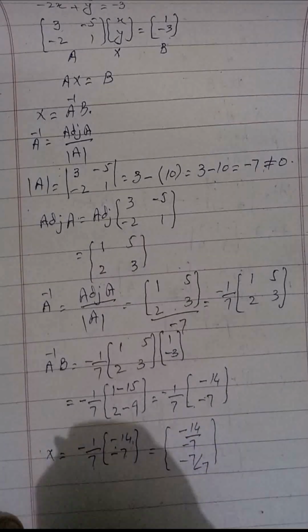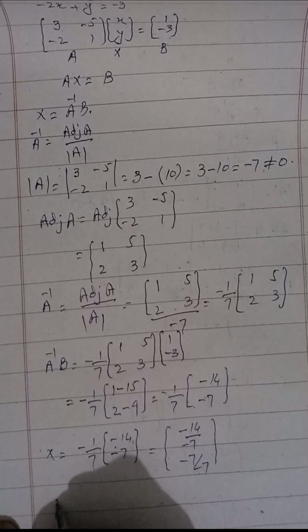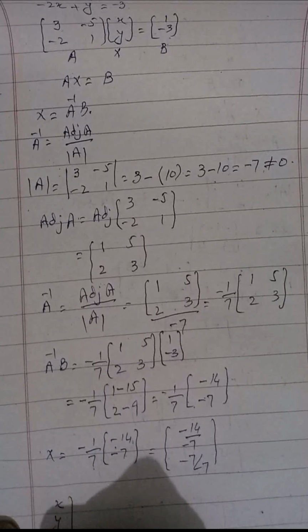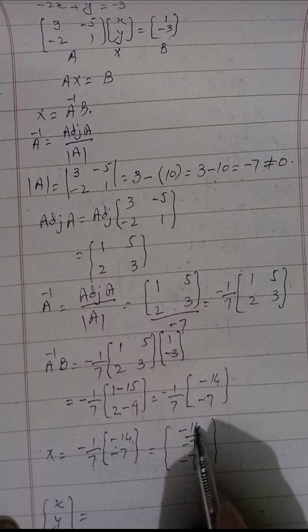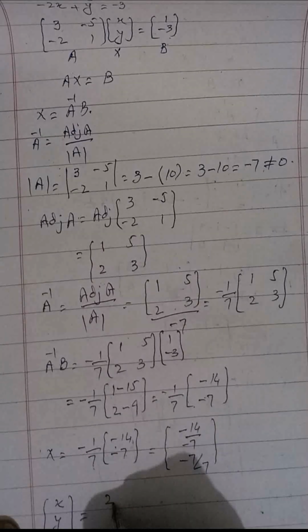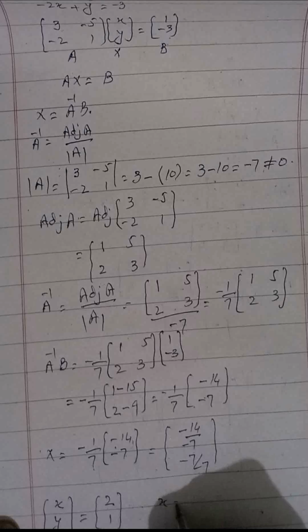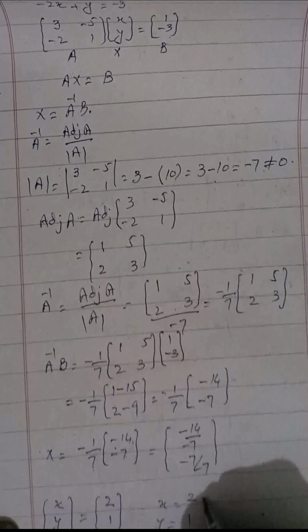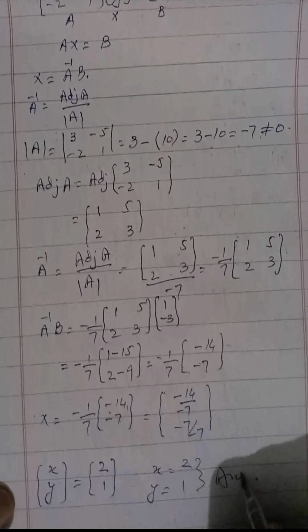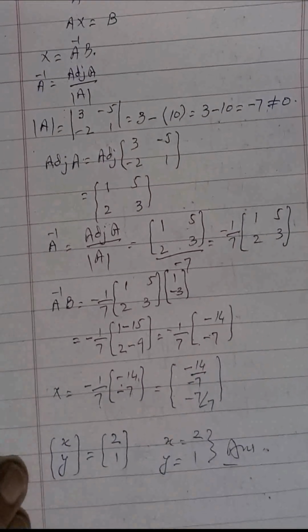Simplify it. So x, y is equal to -14 over -7 is equal to 2, -7 over -7 is equal to 1. So the value of x is equal to 2 and the value of y is equal to 1. And it is our answer of question 3.